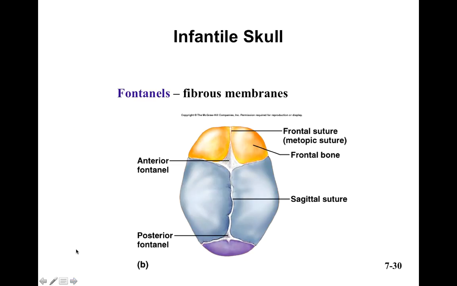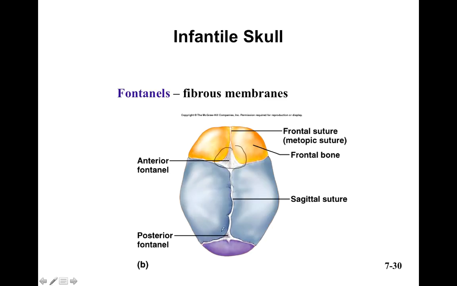Okay, and this is the infantile skull. These infantile skulls have these fibrous membranes that allow the baby, when it's being born, to pass through the birth canal. So it allows the bones to have some flexibility and almost slide over each other.